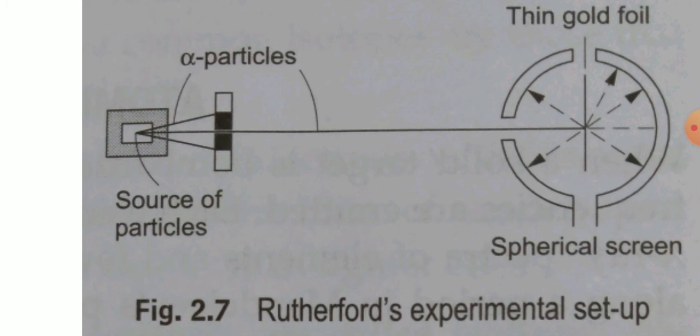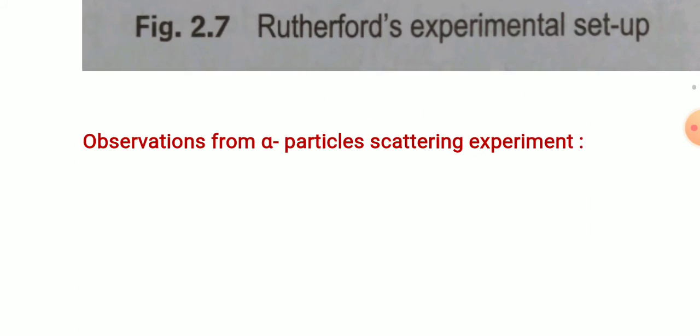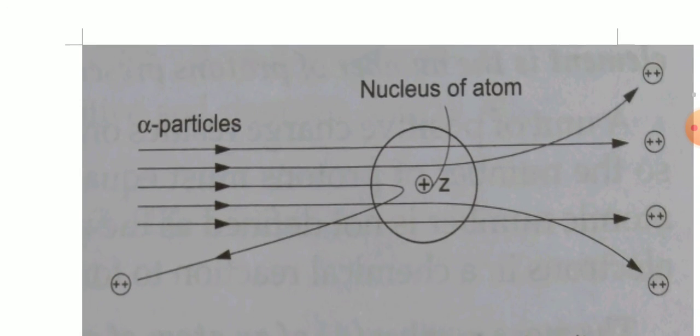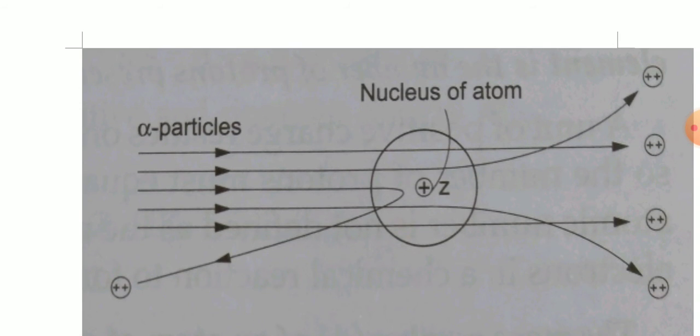Here you can see the source of alpha particles, and the alpha particles strike the thin gold foil. Maximum alpha particles pass through the thin gold foil to the opposite side of the gold foil.